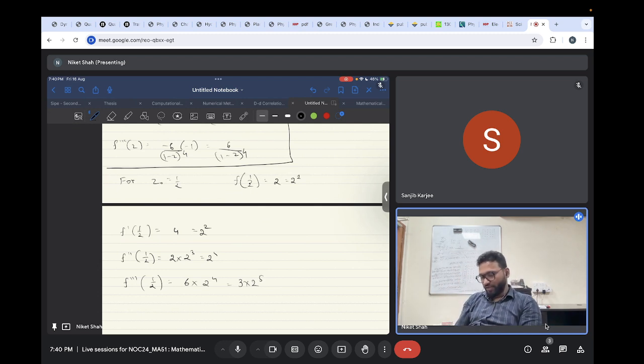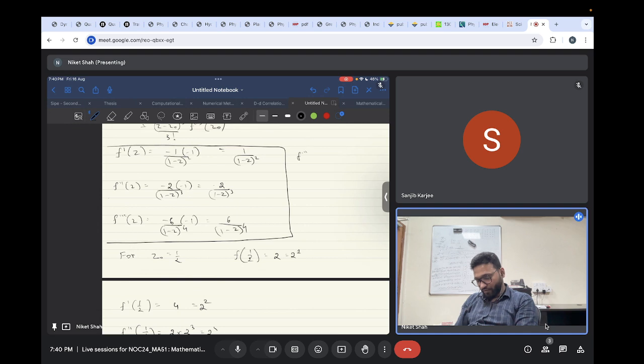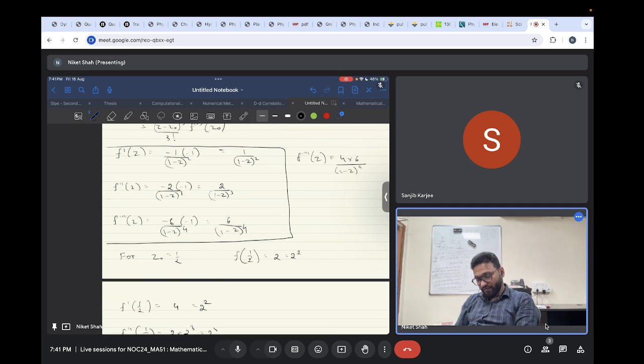Okay, maybe I'll look for another derivative also so that I can more clearly see the pattern. Is equal to 6 into 4 minus z. Actually, no, I should write the general one here. F raised to 4 of z is equal to 4 into 6 divided by 1 minus z raised to power 5. Minus 1 anyway goes away.